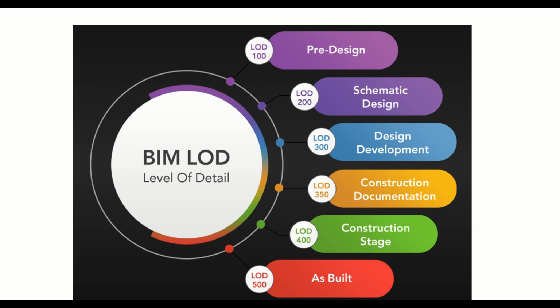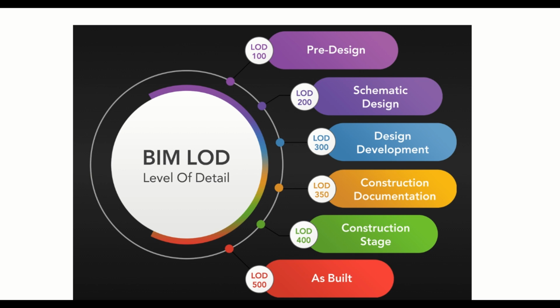Facility management means, for example, you have constructed a building, and there are a lot of components and equipment right there which have some expiry dates, right? For example, some FCU will be repaired at 5 years, some mechanical equipment will be repaired by 10 years. So who will define that? That will be defined at the LOD 500 stage.